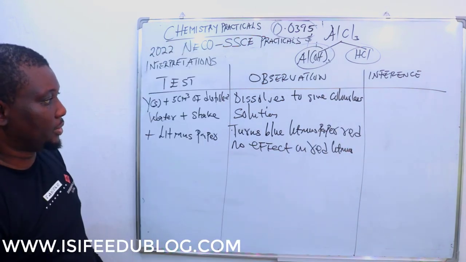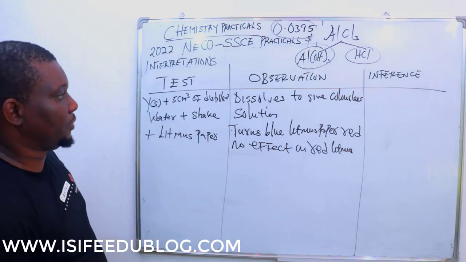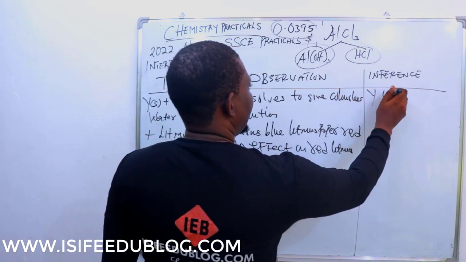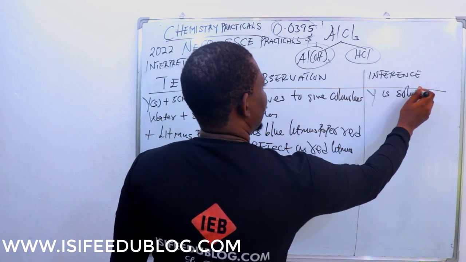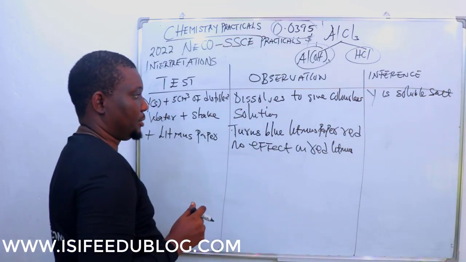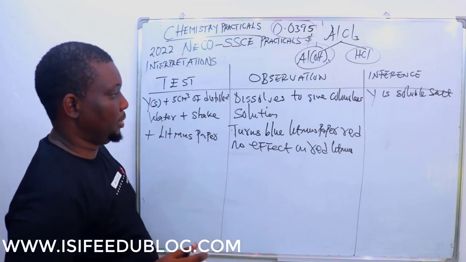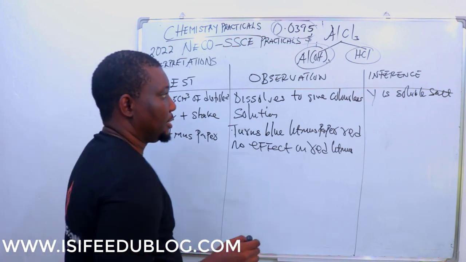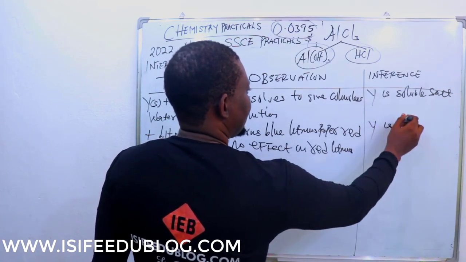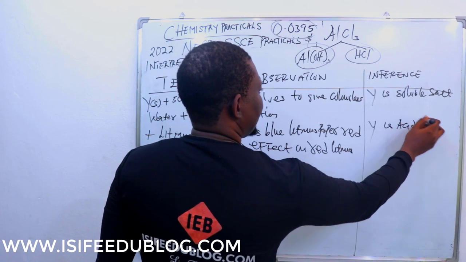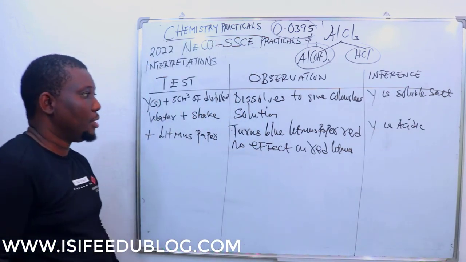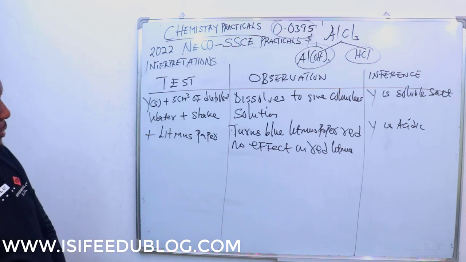So when it dissolves, what do you write for the dissolution there? It dissolves. Y is a soluble salt. Because it turns blue litmus paper red, you can say Y is acidic. Okay, that's what you do there in that question.